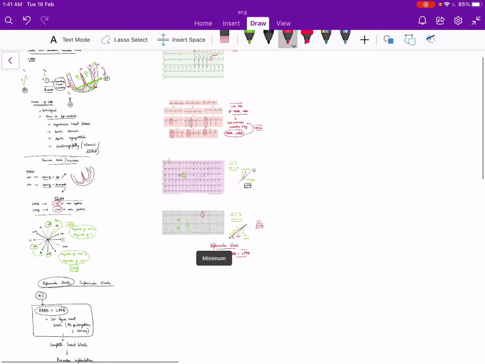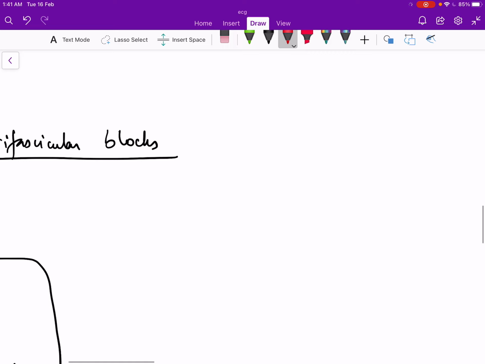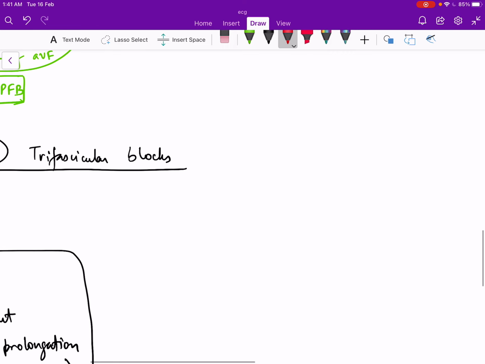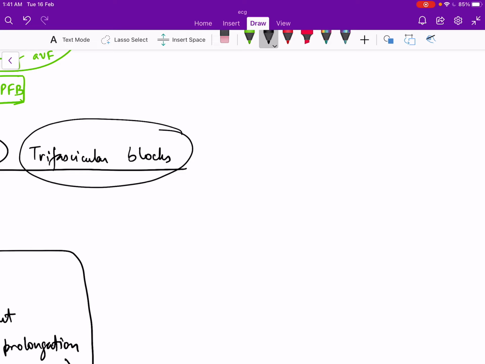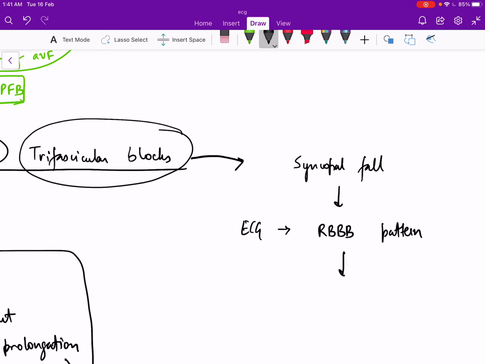Then how to see these trifascicular blocks? Suppose a patient comes to you with the symptom of syncopal fall. You do an ECG, you get an RBBB pattern, and after some time you repeat an ECG and you get an LBBB pattern.